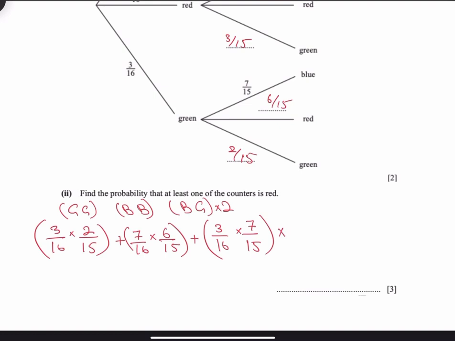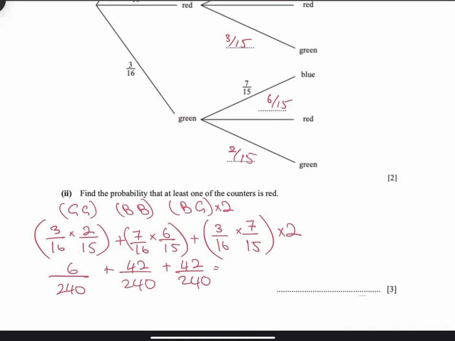15 multiplied by 2. Okay, it's the same probability, so that's a 6 over 16 times 15, 240 plus 42, 240 plus 42, 240.